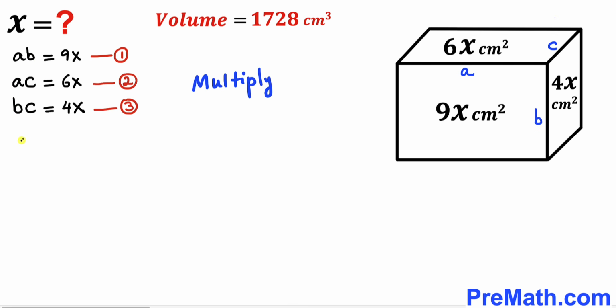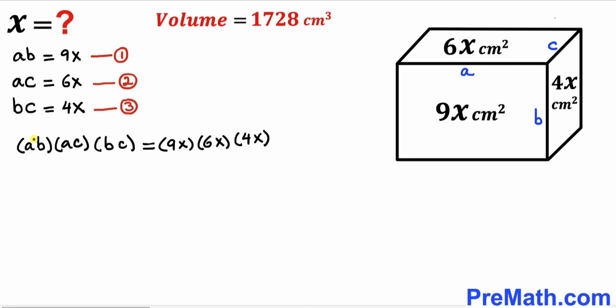So we could write a times b times a times c times b times c, equal to, and on the right hand side, I'm going to multiply these as well. So we could write 9x times 6x times 4x.